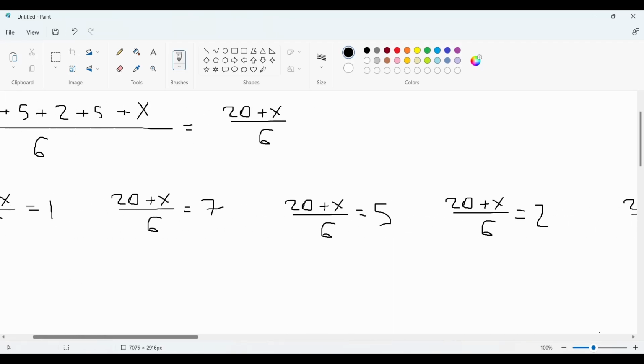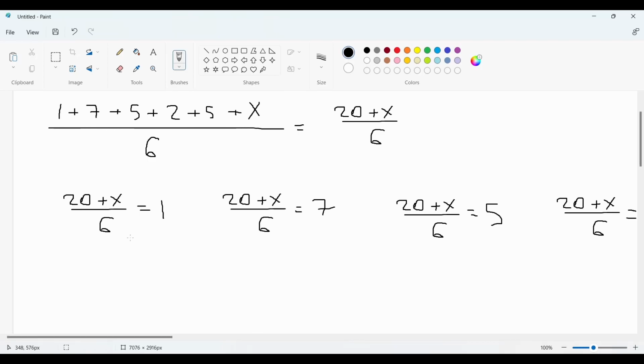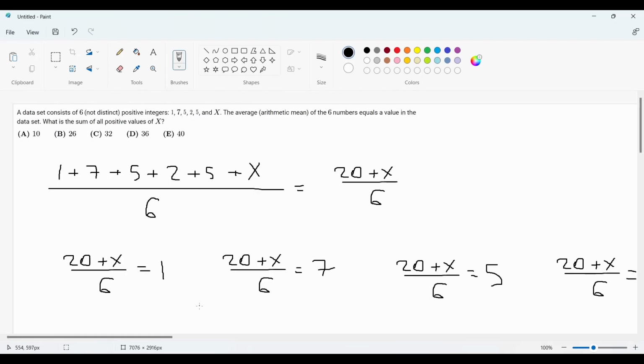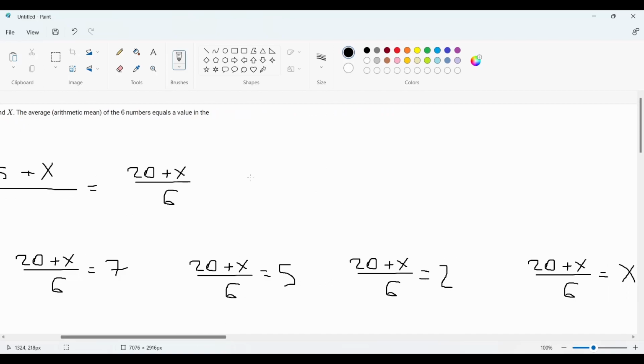So let's just solve all these equations very quickly. Or, you know what? Instead of solving them all immediately, I'm just going to do a more general form. We have a bunch of equations in the form 20 plus x over 6 equals m, where m is the mean. So if I rearrange this, x is going to be equal to 6m minus 20 after doing some rearranging.